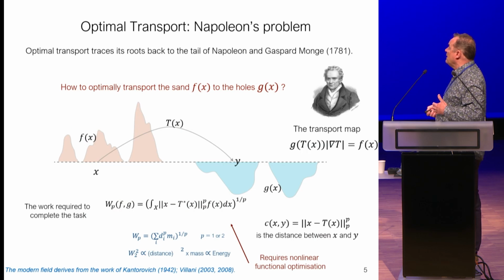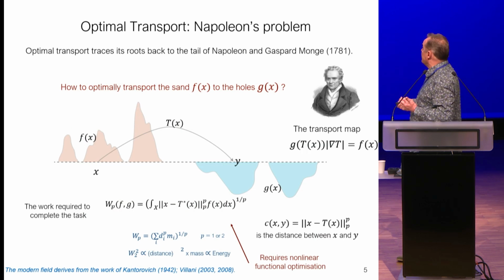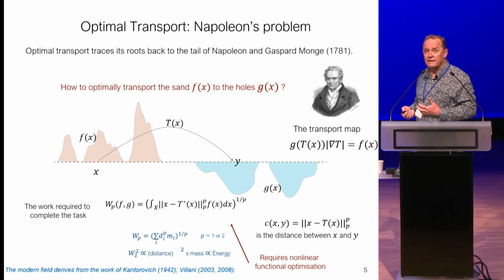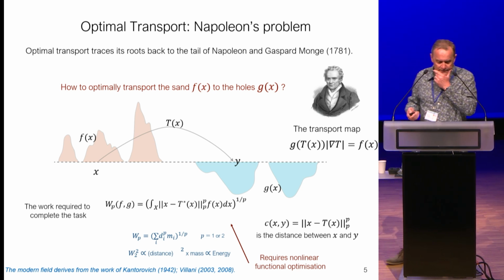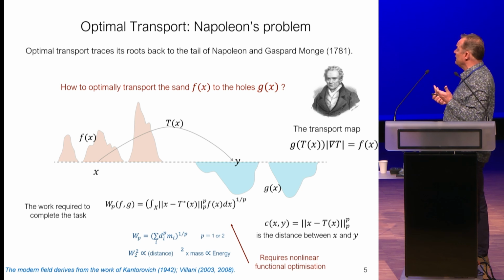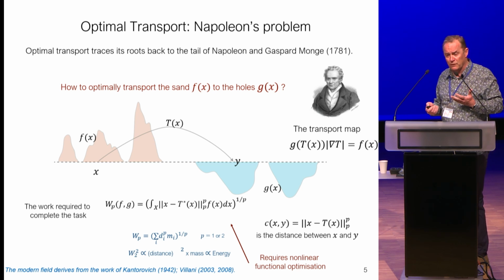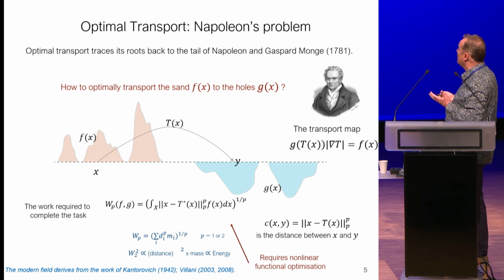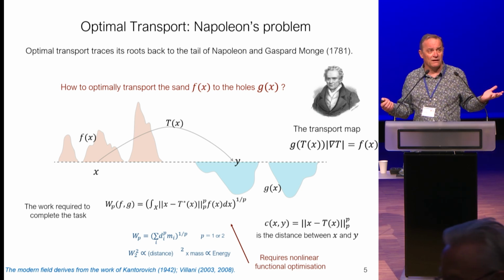This brings us to 1781 and optimal transport. So the lovely story that starts off optimal transport is Napoleon II asking Gaspard Monge how to move his sandcastles around.